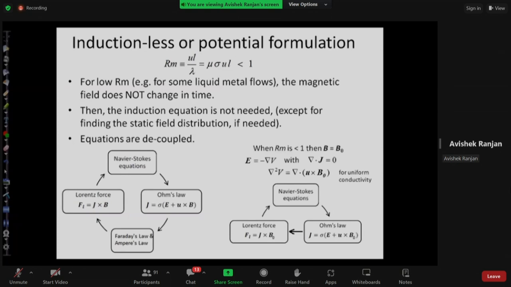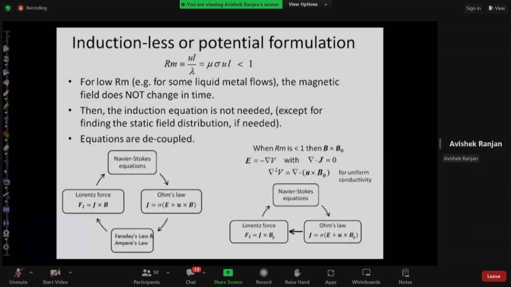But if you look at this coupling compared to the left hand side, Faraday's law and Ampere's law are not required. So that is one simplification which can happen, and in that case we only need Ohm's law, which you can rewrite with the help of the electric field and div J as this Poisson's equation. It is this Poisson's equation which is required to be solved in those situations.